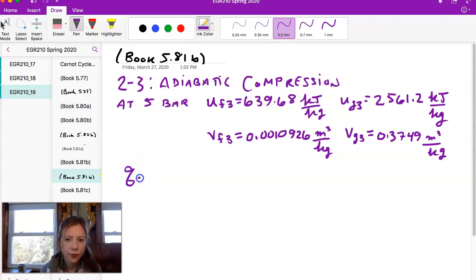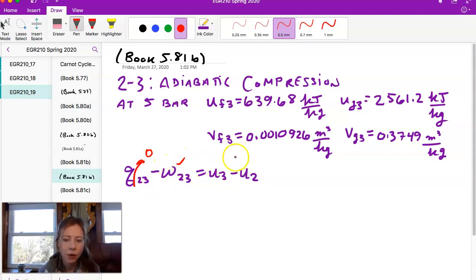So Q23 minus W23 is going to equal U3 minus U2. Well, we know that Q23 is 0 since this is adiabatic. And we're given W23, so that much we know. We don't know U3, but we have found U2. We looked it up for process 1 to 2. And so let's keep going.